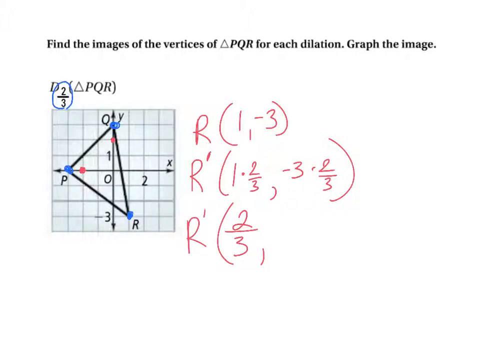So we will have to just estimate some fractions here. But on my second one, I can write that over 1. The 3's cancel, and I'm left with -2. And so that's where R prime is, and I'm just going to estimate over 2/3, down 2. And so it's going to fall about right here-ish.